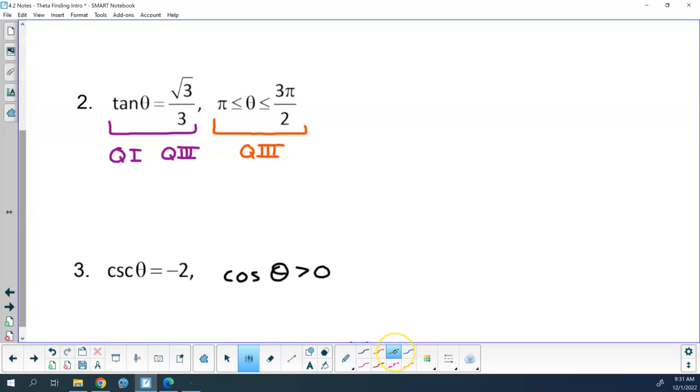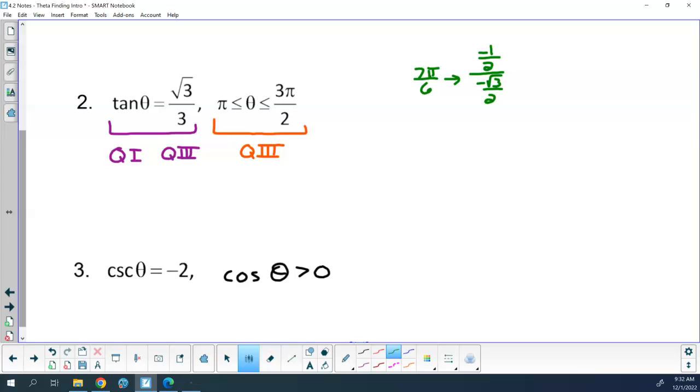Let's try 7 pi over 6 first. The sine at 7 pi over 6 is negative 1/2. The cosine is negative root 3 over 2.